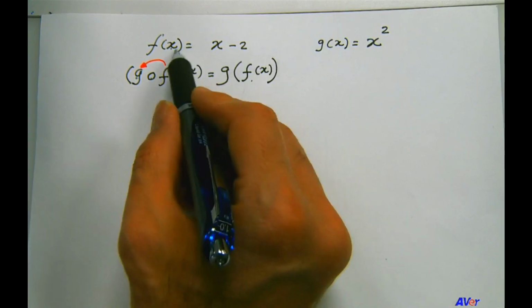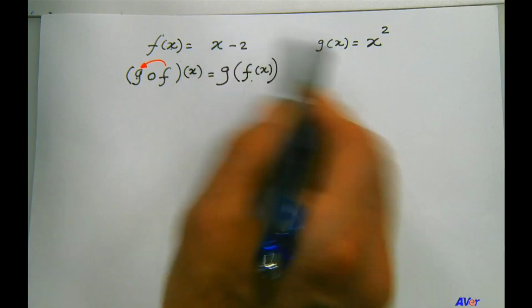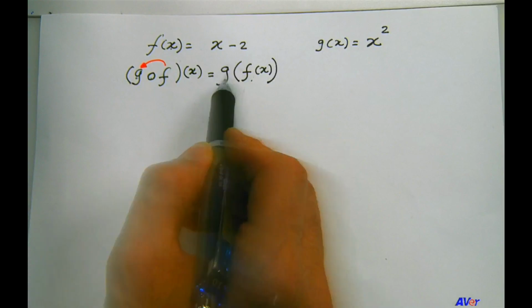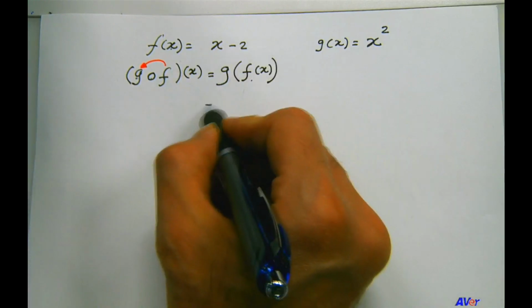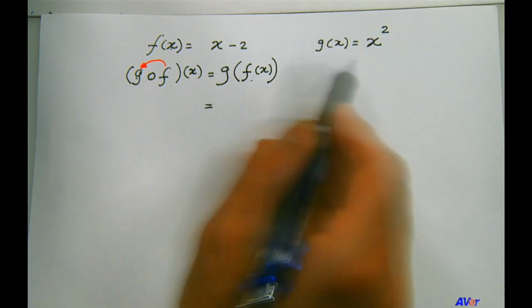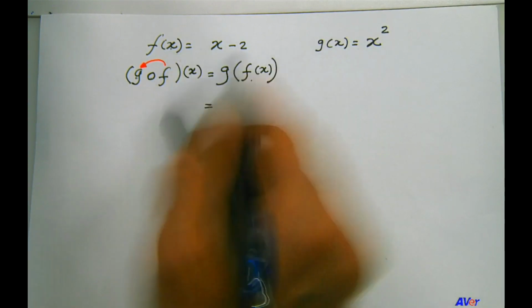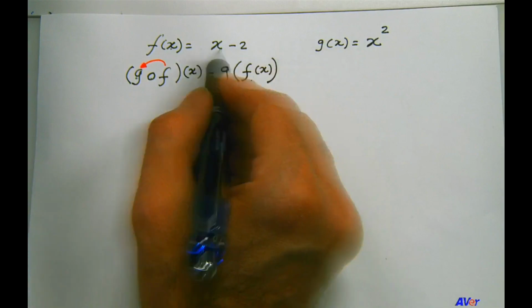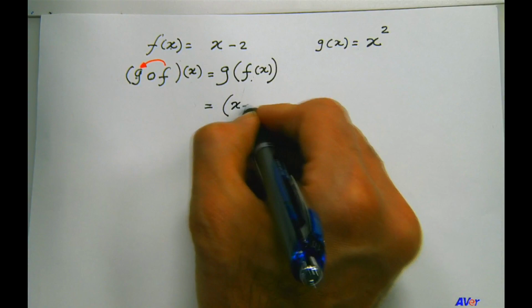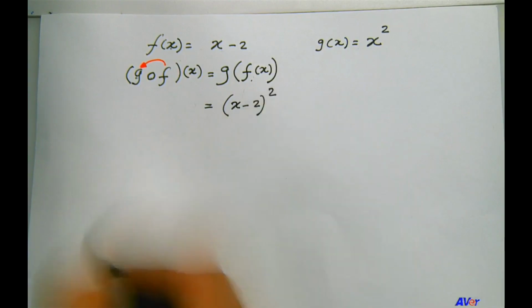Okay, now that we know the second function is replaced inside the first function, or f inside g, how do we carry this out? Well, wherever you have x in g, you must replace it with f. So in this case, f goes inside g, and we get x minus 2, squared.